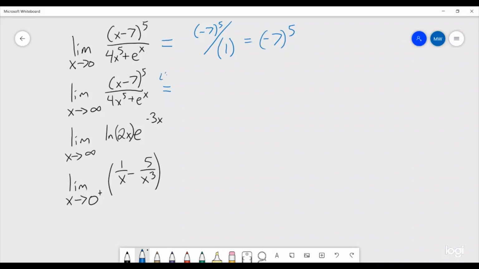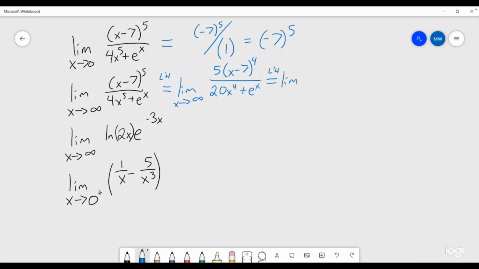So we can use L'Hopital's rule to say this is going to be equal to the limit as x goes to infinity of the derivative of the top, that's 5 times (x minus 7) to the 4th, times the derivative of x minus 7, which is a 1, divided by the derivative of the bottom, 20x to the 4th plus e to the x. And now if we plug in infinity, we still get infinity over infinity. So we use L'Hopital's rule again.